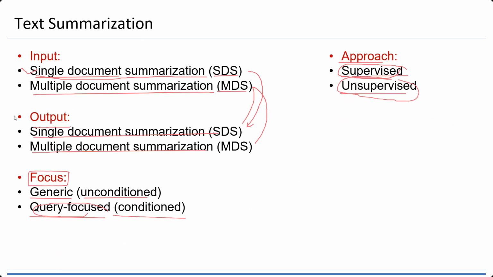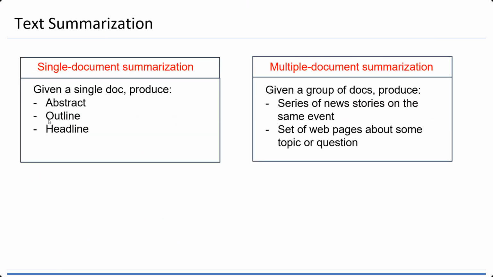So let's take a look. In the single document summarization, we have a single document and produce an abstract, or we produce an outline, or we produce a headline.